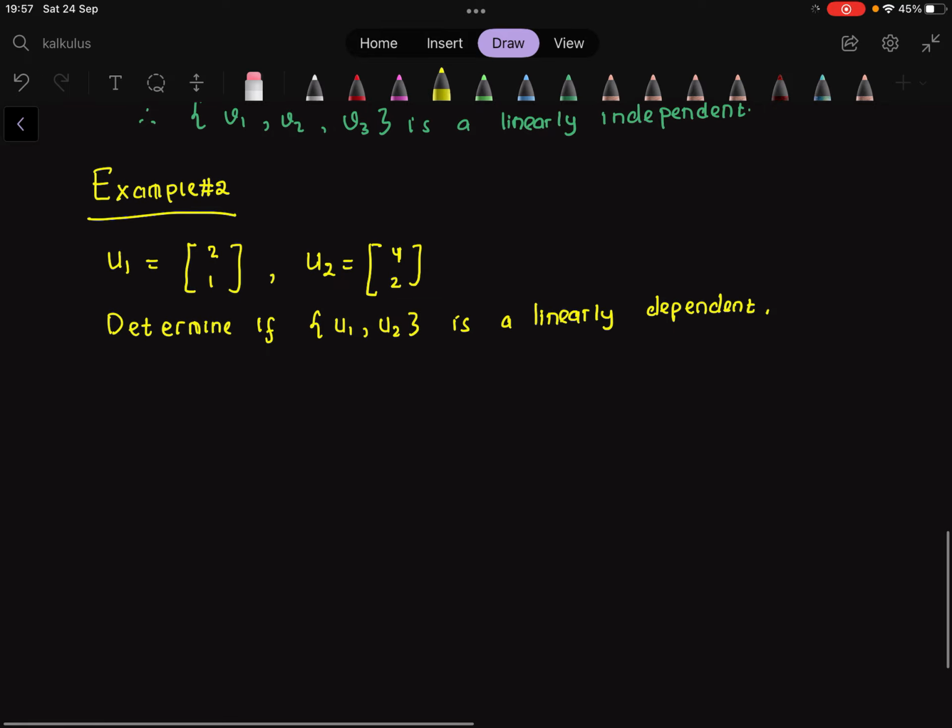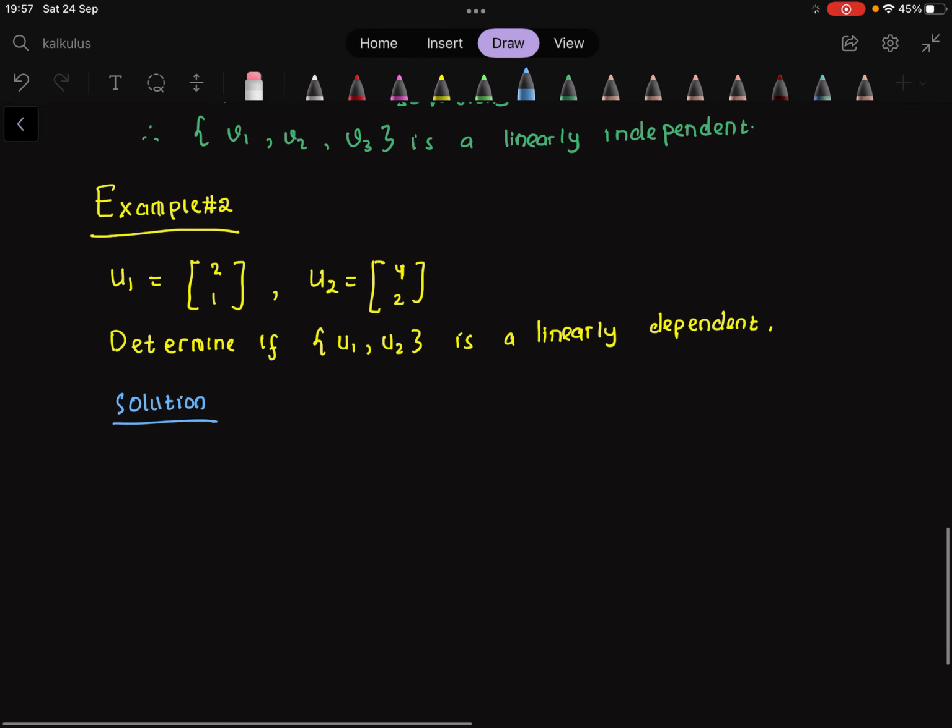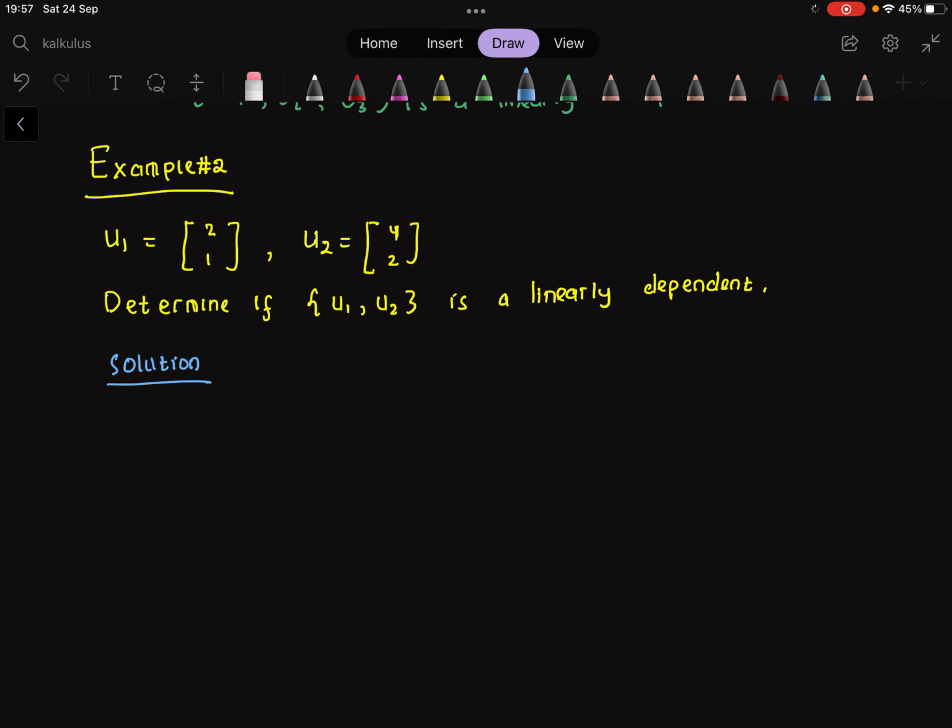Okay, so solution. First of all we need to find the solution of this equation. So we have k1 u1 plus k2 u2 equal to 0, and this one we have k1 times (1, 2) plus k2 times (2, 4) equal to 0.